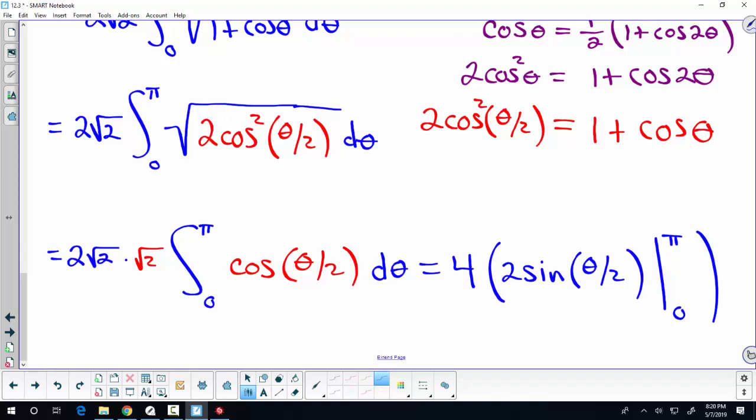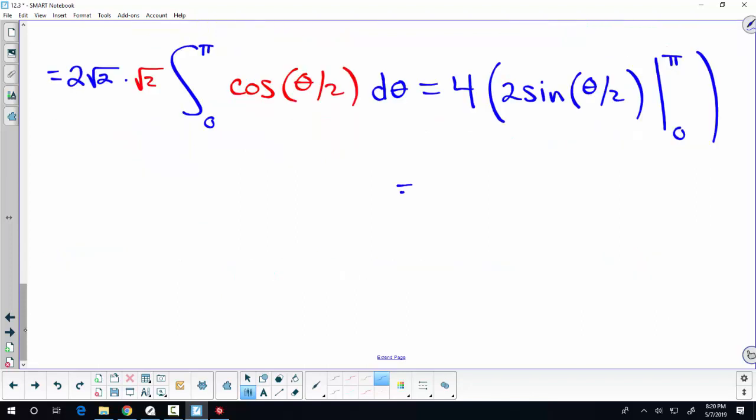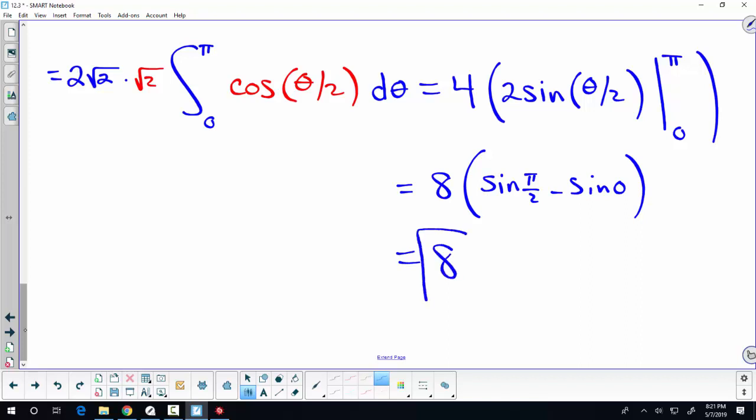Answer: 8. Sine of 0 is 0, yeah, 8. Okay, so that's the arc length of that curve.